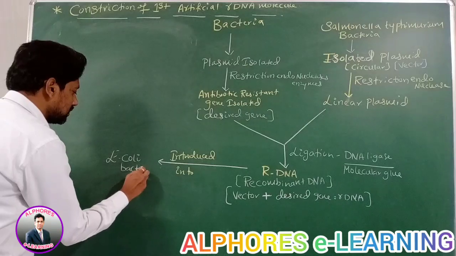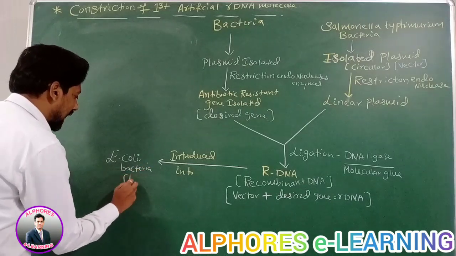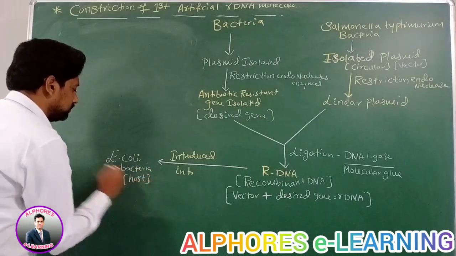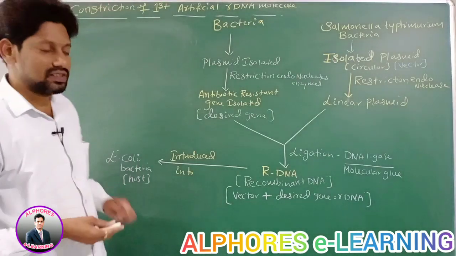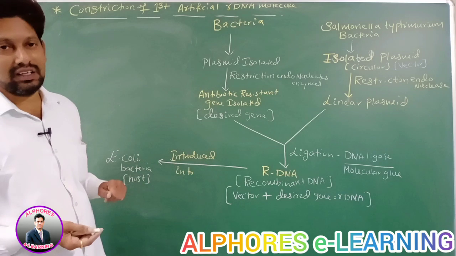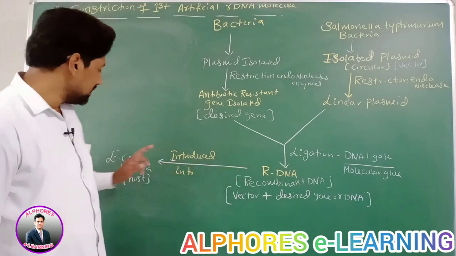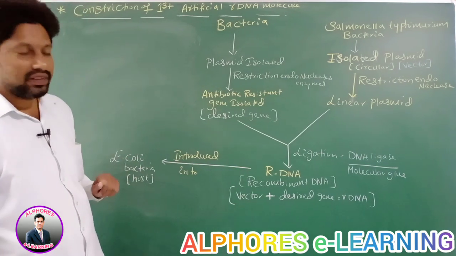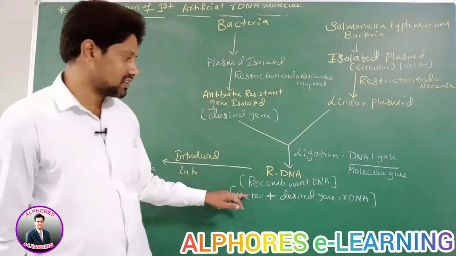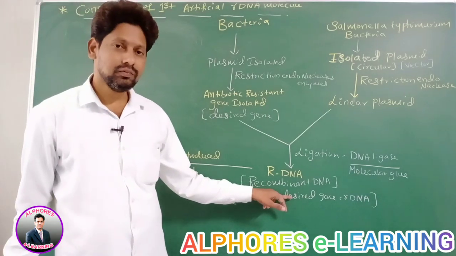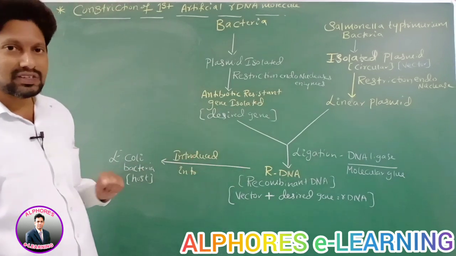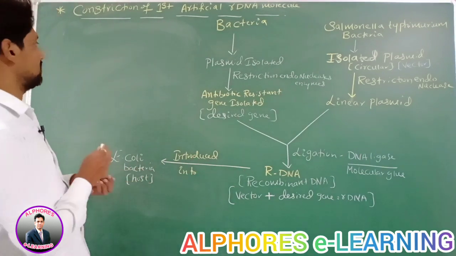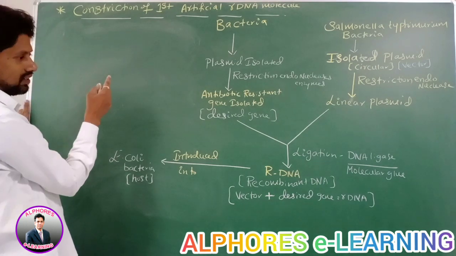It means this E. coli bacteria acts as a host here. E. coli acts as what? Host. Now where is the rDNA? It is inside the E. coli bacteria. What is the meaning of rDNA? Vector plus desired gene. Yes or no? Where is the rDNA? Inside the E. coli bacteria.